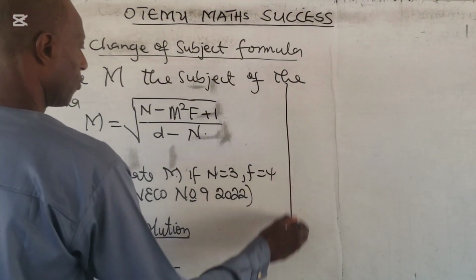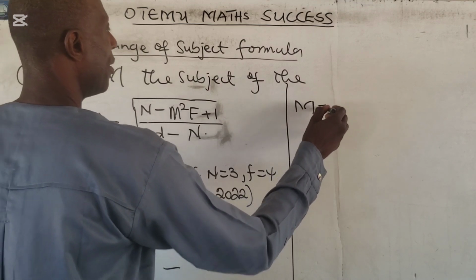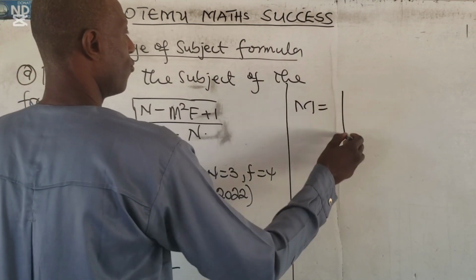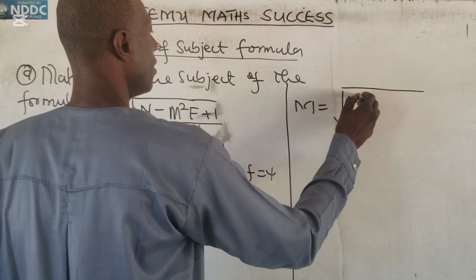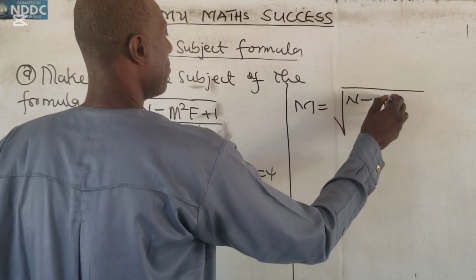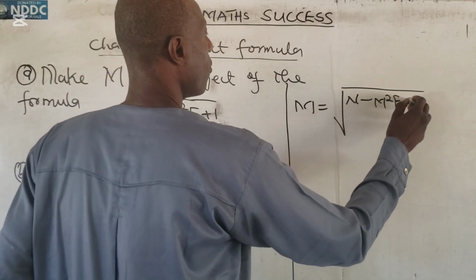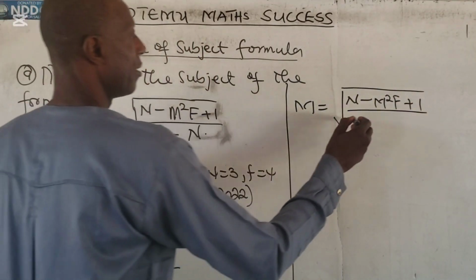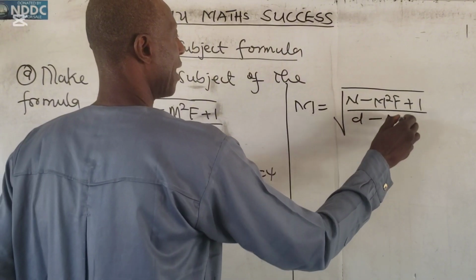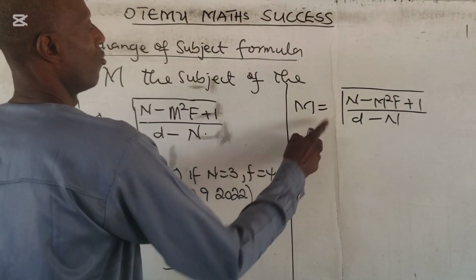Now, if you look at the solution, you say M is equal to the square root of N minus M square F plus 1 over D minus N. What is here is the square root.